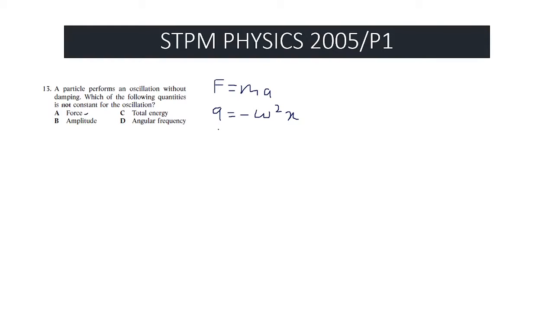Now we substitute this acceleration inside the force formula, so we will get minus m omega square x, and this x is a displacement. So we can see that the force depends on this displacement. So the force is not constant. So the answer is A.